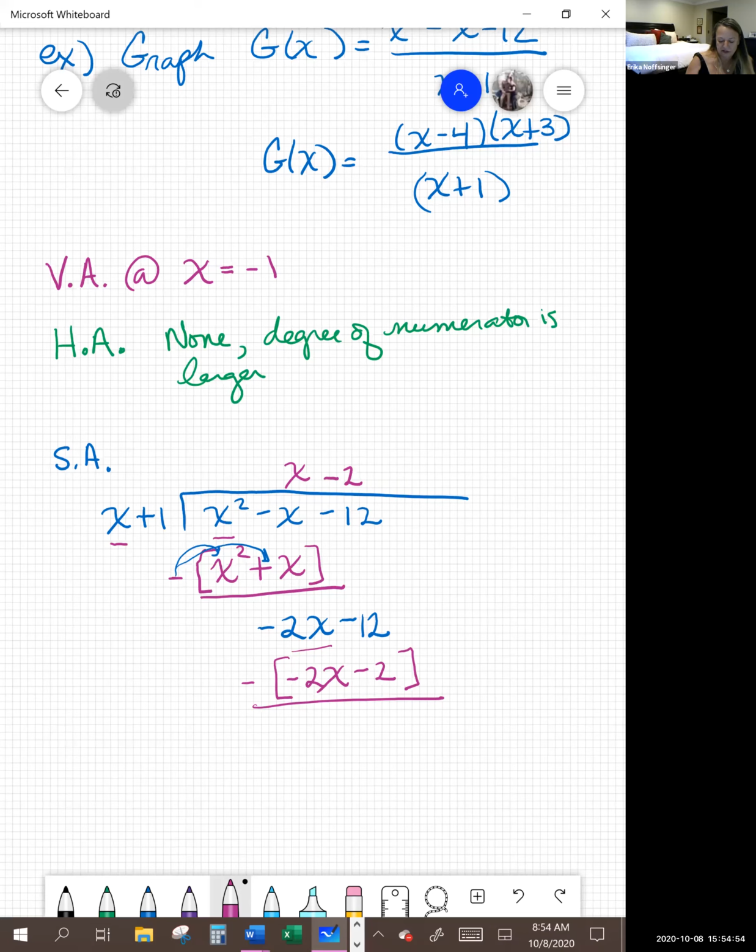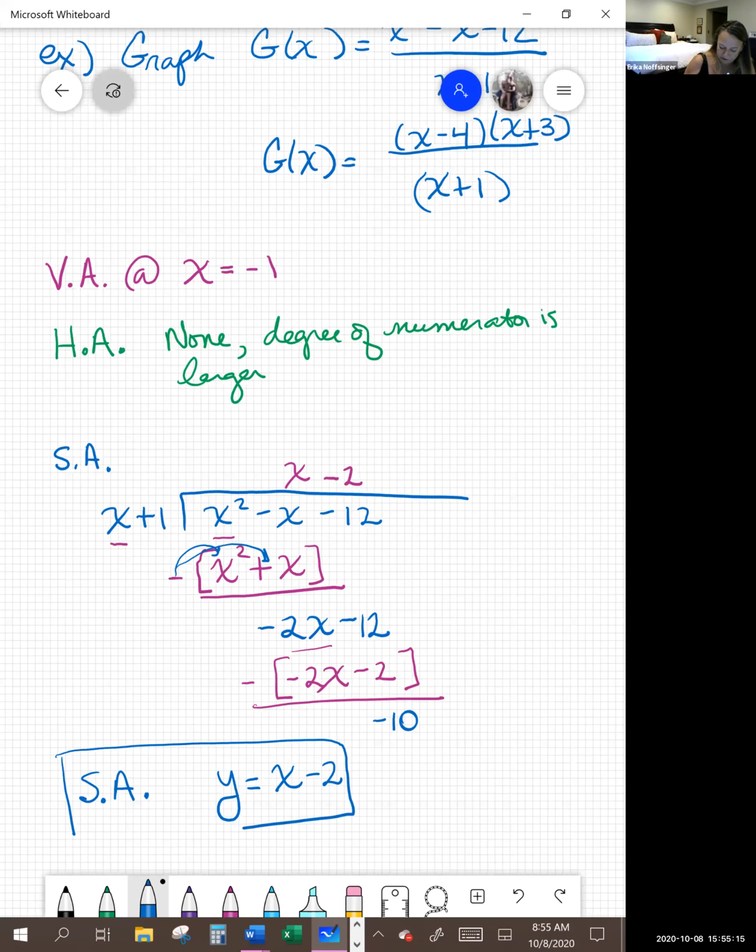Negative 12 plus 2 gives us negative 10. So we have a slant asymptote at the line y equals x minus 2. I'm just going to box these so when I come back to graph, they're easy to find.